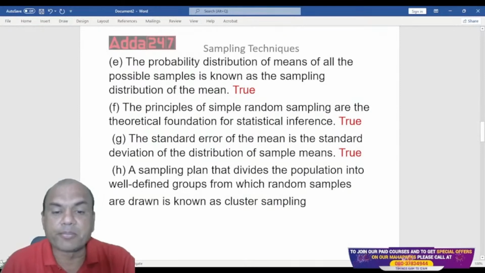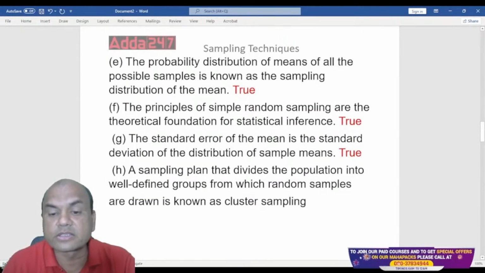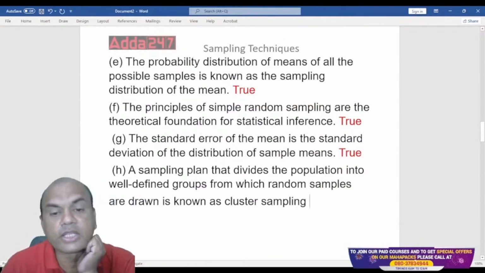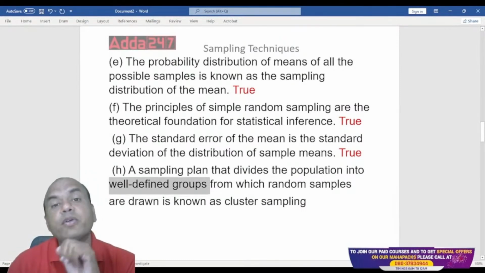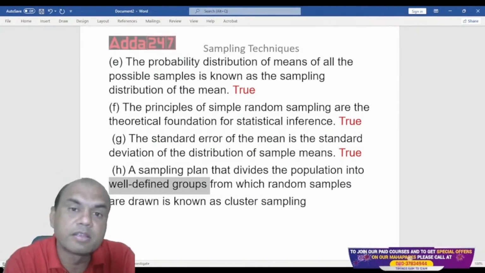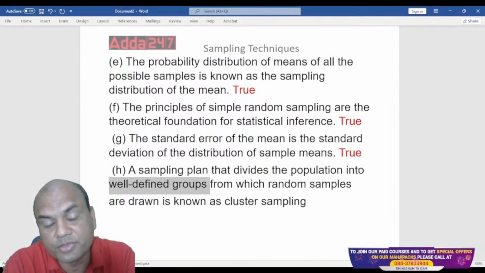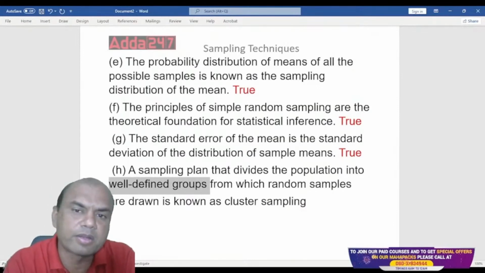Next one. The sampling plan that divides the population into well-defined groups from which random samples are drawn is known as cluster sampling. Is it true or false? Well-defined means the groups can be defined in any terms: region, age, marks, or, as in systematic sampling, just by serial order.